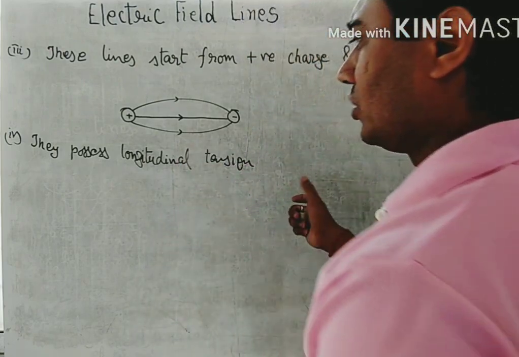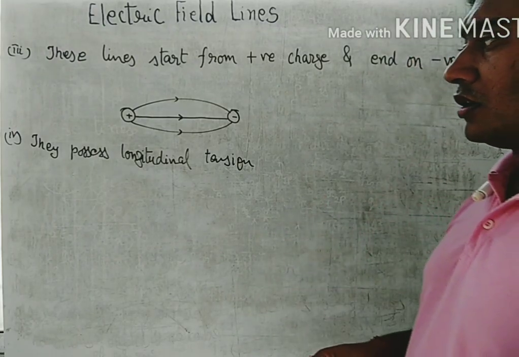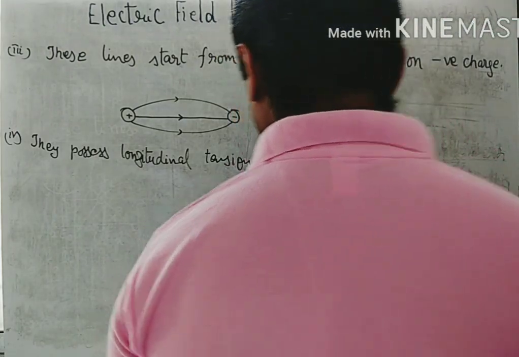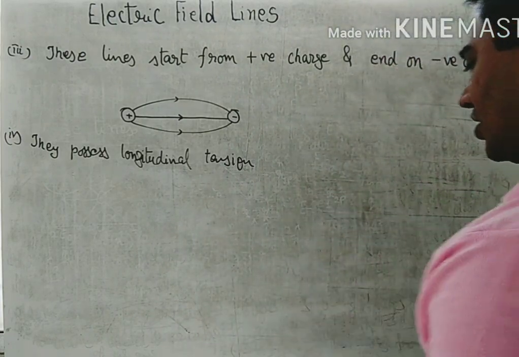So this longitudinal tension, lengthwise tension, represents the force of attraction between the unlike charges.